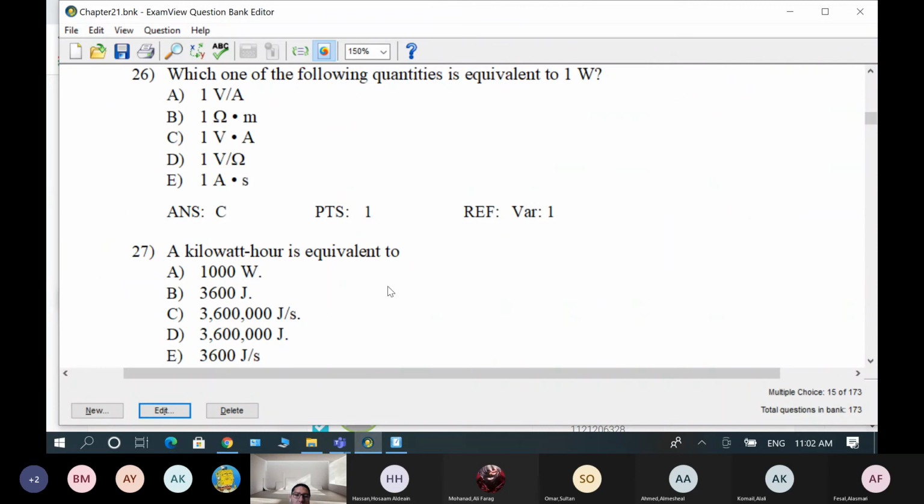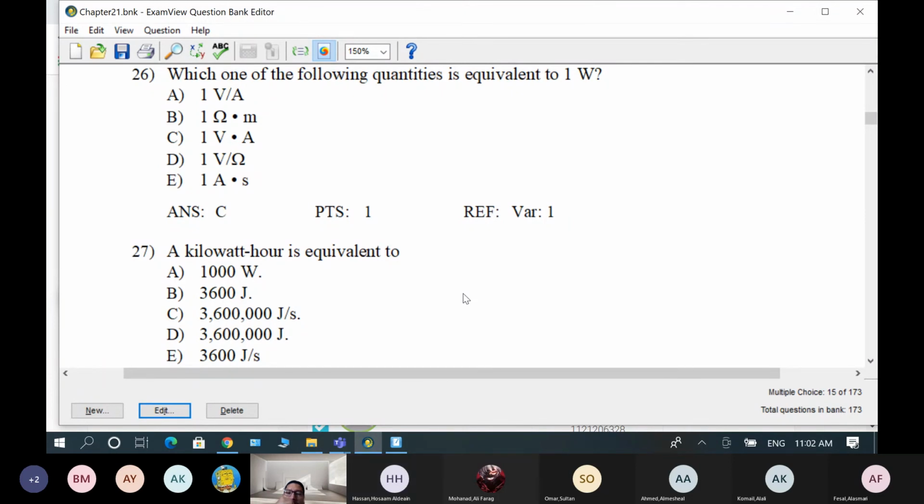A kilowatt hour is equivalent to... C? Kilowatt hour equivalent to joule per second? D?